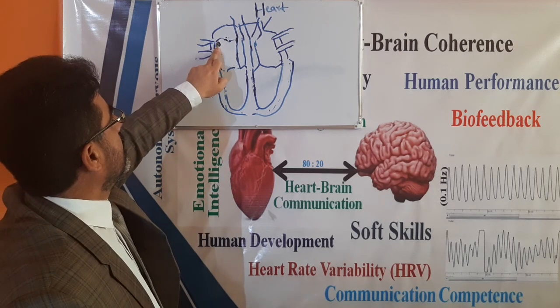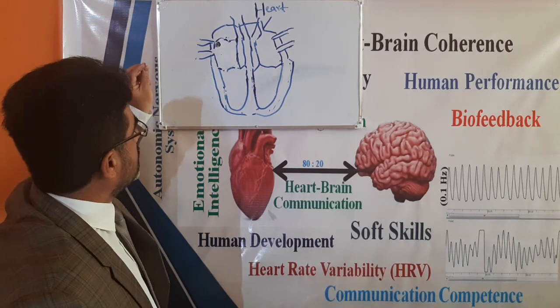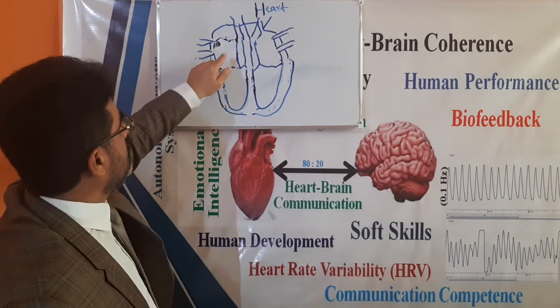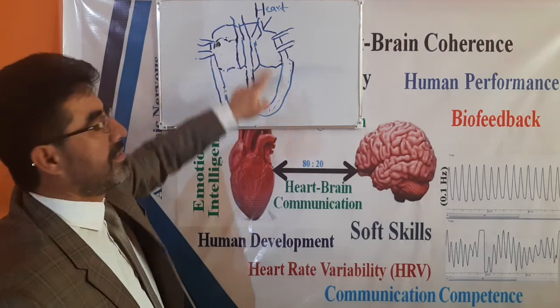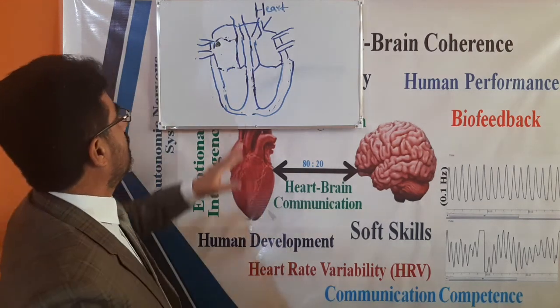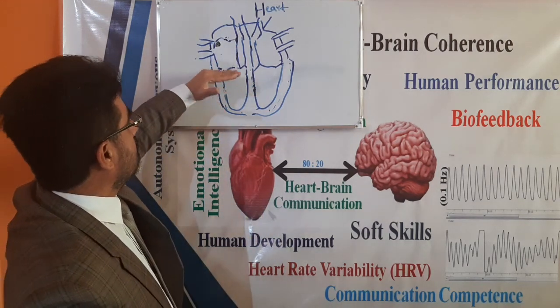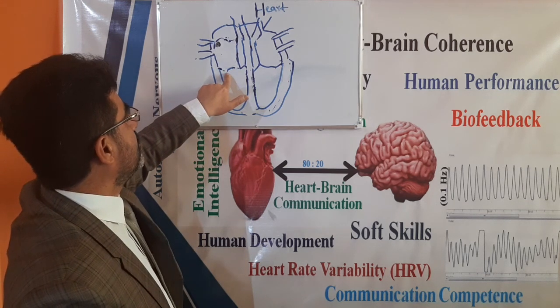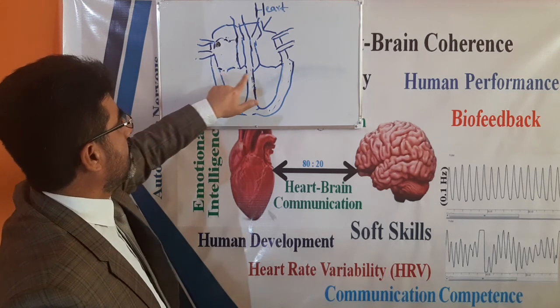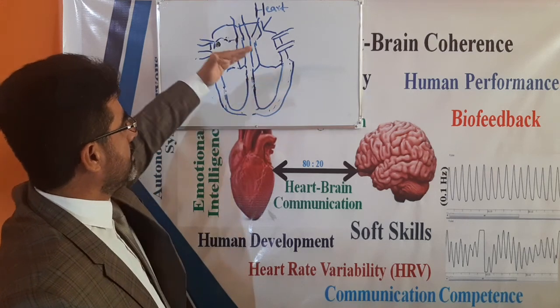The SA node sends particular impulses to both sides of our atria. Then our atria contract, and based on that, two main valves, the tricuspid and mitral valves, open and blood is sent to our ventricles.